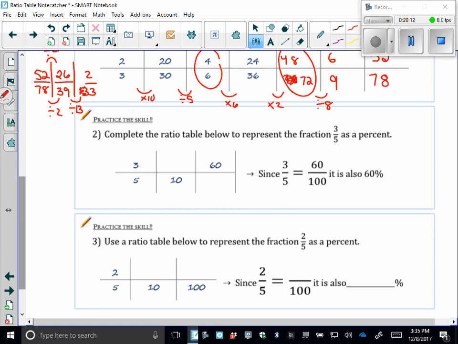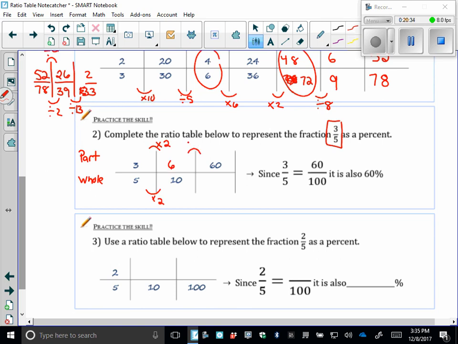Okay, watch. If I want to do 3/5 as a percent, I'm going to put 3/5 and make this like a part to whole comparison. And my part is 3 and my whole is 5. If I double, Tanner, what will I have when I do 3 times 2? You'll have 6. Right.